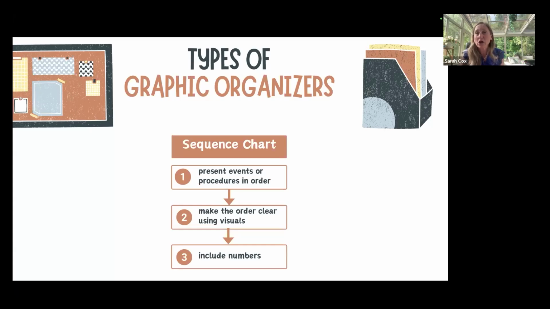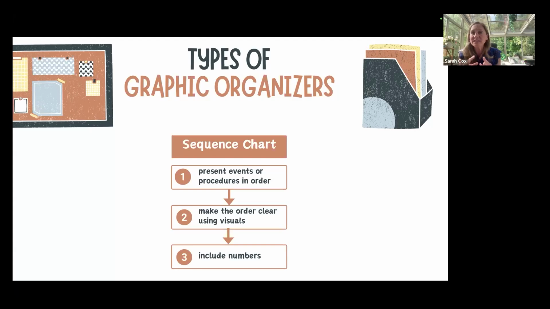But when we are talking about types of graphic organizers, generally speaking, there are three different types that we can use. The first one is a sequence chart. In a sequence chart, there is a very specific order, so things need to be presented in a specific order.